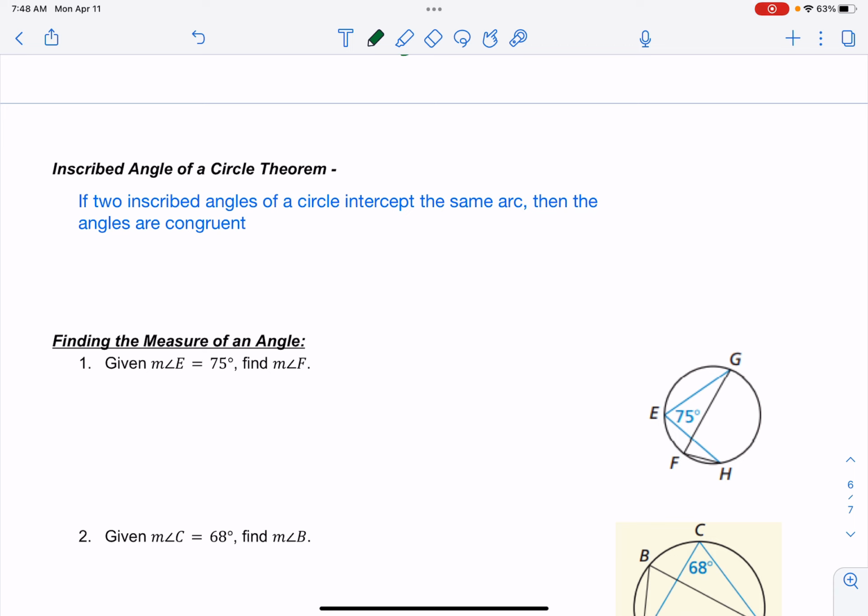We just showed the math side of it, of how we had an arc measurement, we could divide by 2 to get our angle measurement. And in order to find that arc measurement, we had to take our inside angle, multiply by 2 to get it. So we proved all of that already, but now since there's a theorem for it, it makes work a little bit easier when it comes to solving some of these problems.